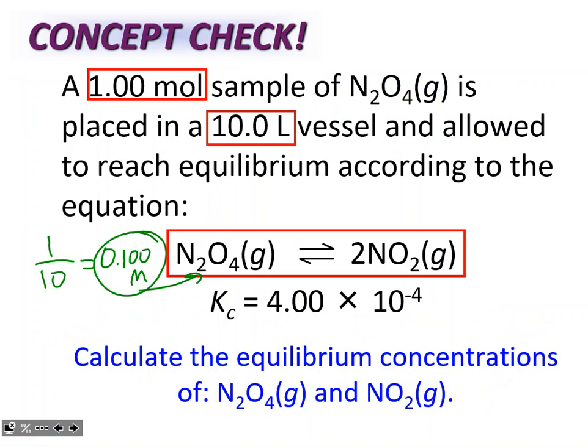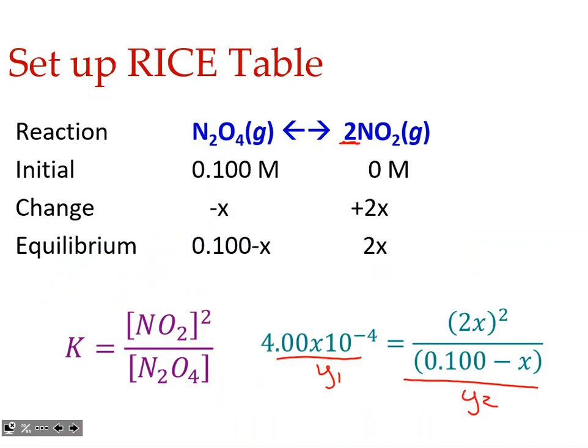That's the only thing in there to begin with. So that's how I know the dinitrogen tetroxide is the only thing in there, and that the nitrogen dioxide over here on the product side has not formed yet. There you go, yeah. Good question though.